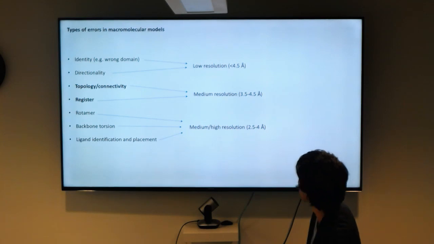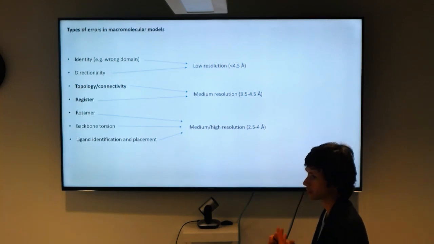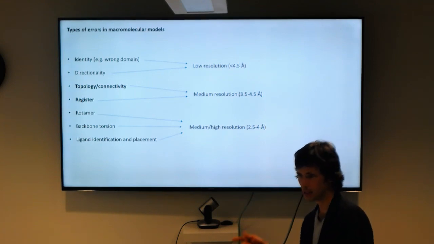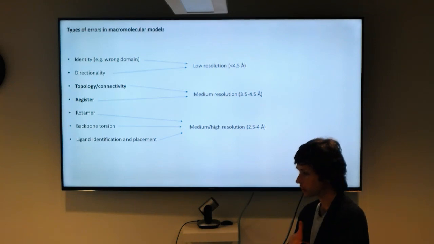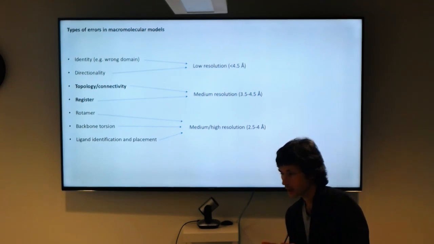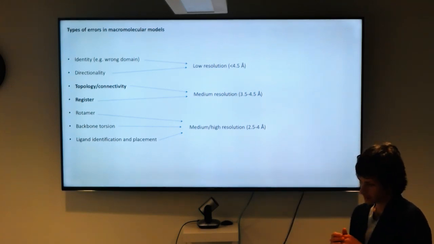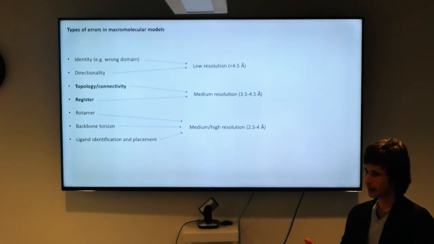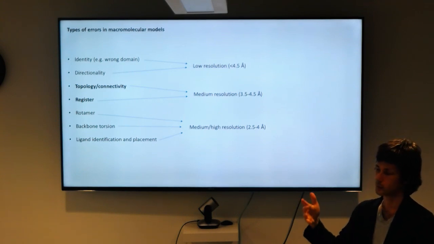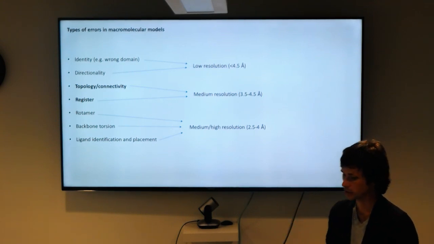And then at very high resolution, you can have errors of rotamer placement or backbone torsion, so having a carbonyl that's the wrong way around, or ligand identification, or the pose of the ligand. But probably the ones that are most common in the cases that you'll encounter are errors in topology and connectivity and register. So is this helix connected to that helix, and what is the exact local sequence register in this particular region of my protein?